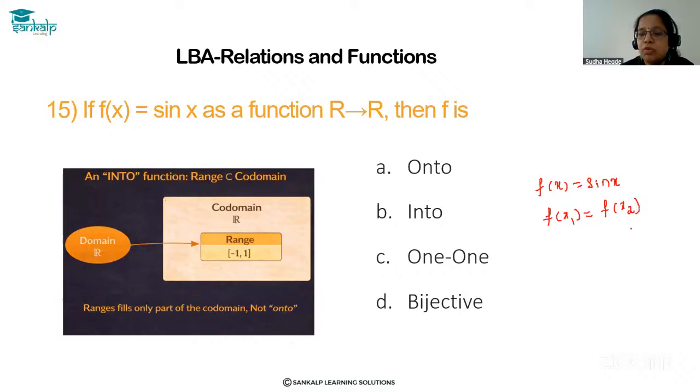You have to assume f(x1) is equal to f(x2), then x1 is equal to x2. See the domain and range. Domain is R, range is also R, correct? Domain and range both are R. So is it possible to have for each element a distinct image?